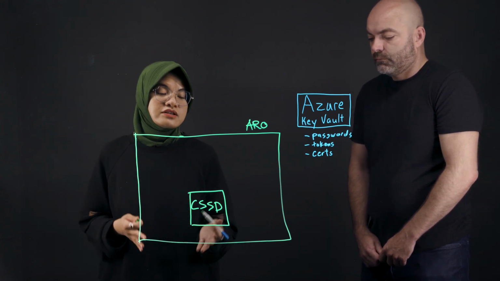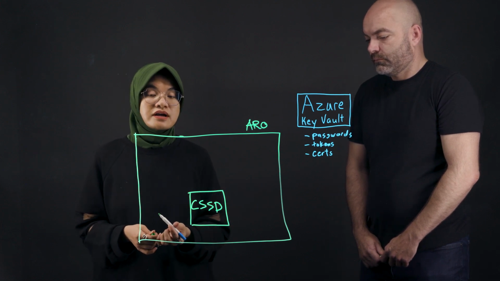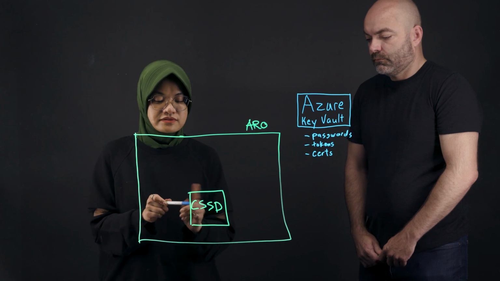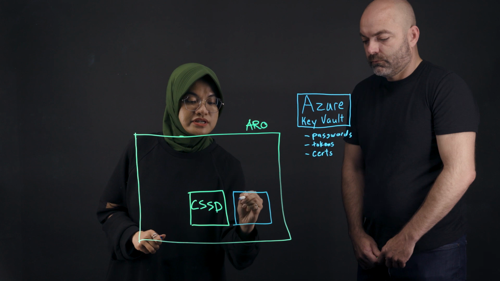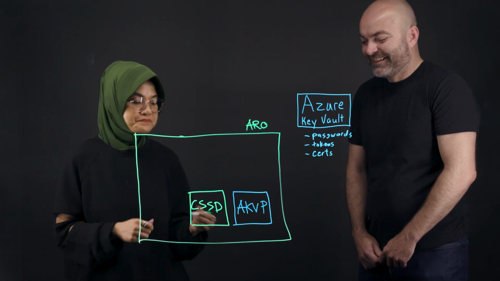Along with that, you also need to install the provider-specific driver. In this case it's Azure, so you install the Azure Key Vault Provider for CSI Secret Store Driver, which I'll abbreviate as KVP.